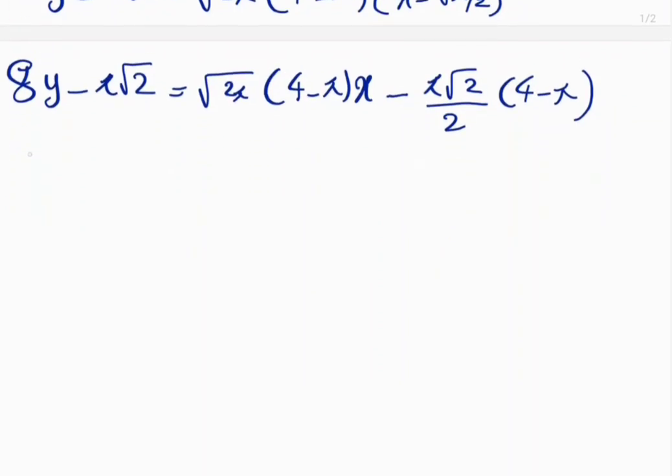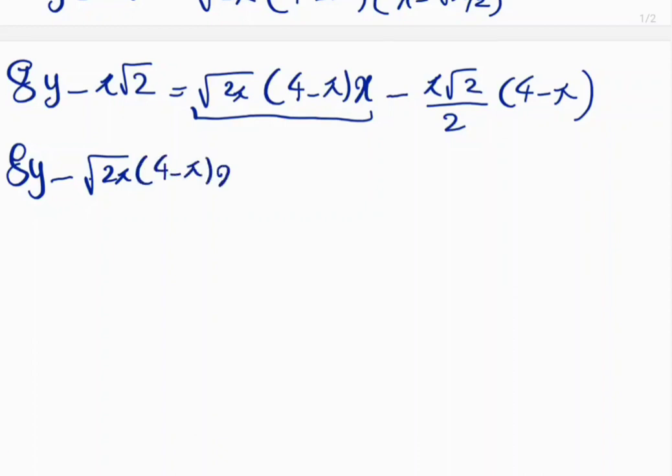And now we can rearrange the equation so that we have 8y. So now let's take away root 2 pi times 4 minus pi times x from both sides, so that we have this x term on the left hand side as well, minus root 2 pi times 4 minus pi times x.